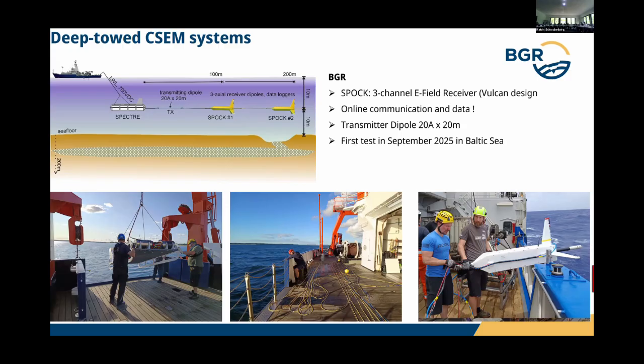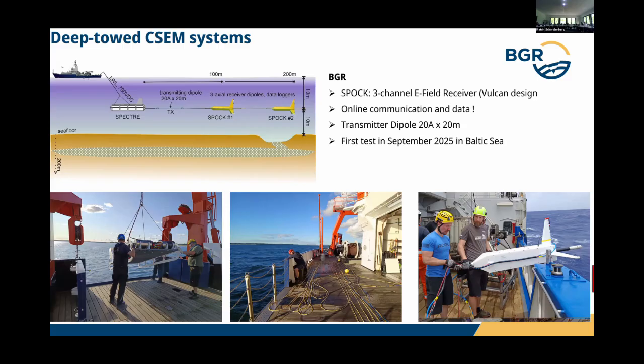They built the original Vulcan. Vulcan is a tow body which measures all 3 components of the electric field: the inline component, the vertical, and the broadside, so the cross component.